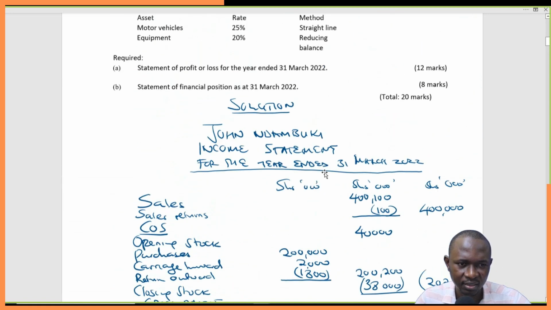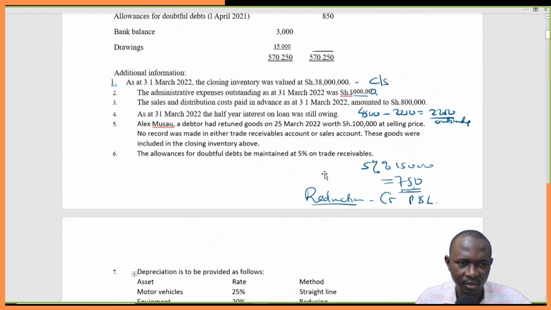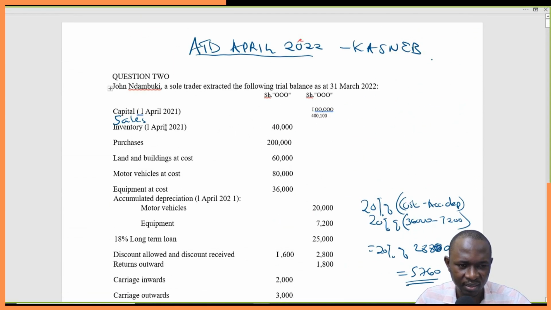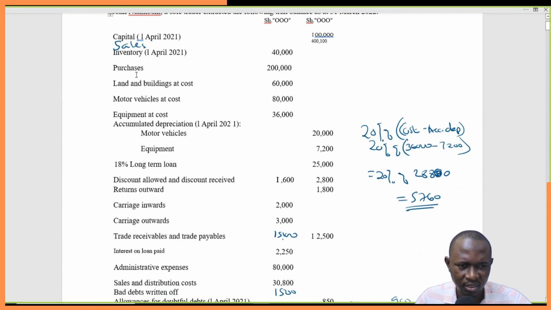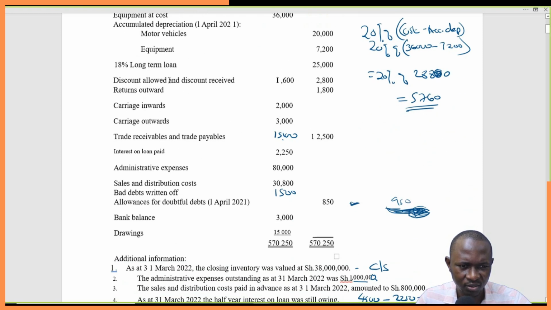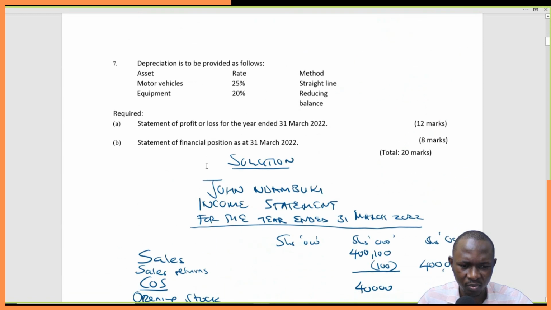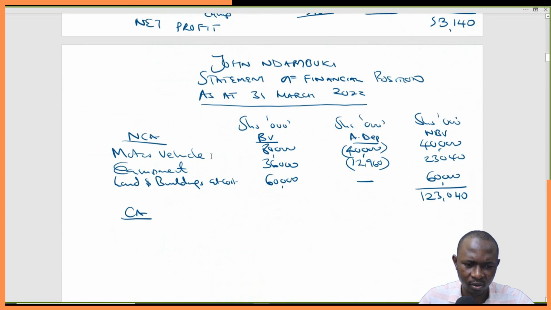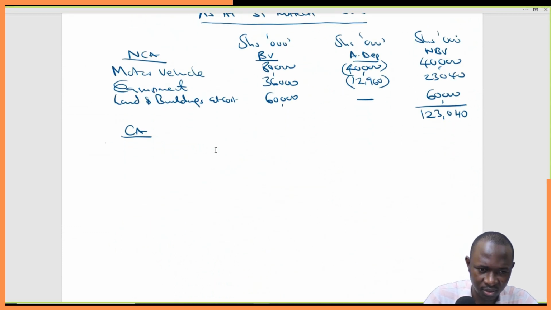Current assets. So far no current assets. Trade receivables will be our first current asset.